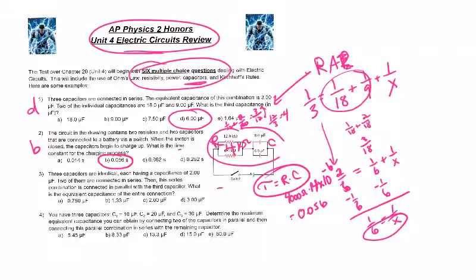So if I have 2 of them in series with each other, and then they are connected in parallel with a third, my 2 and my 2, remember when you're in series you have to use the RAR method, so this is going to end up being 1/2 plus 1/2, which is 1, and then I do flip it technically, but 1 over 1 is the same as 1 over 1, and then I have a 2 down here, and then a 1 and a 2 in parallel with each other is going to just be 3, so it looks like D, this 3 microfarad.